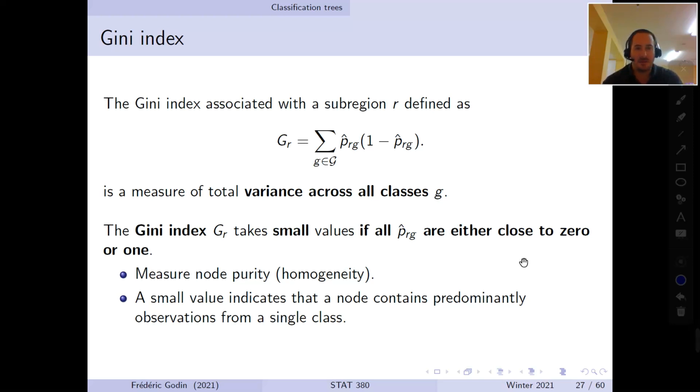If there's, let's say, a 40%, 60% or 50-50 split between blue and orange, the region is not very homogeneous because there's a mix of classes, so the Gini index would be higher. Small values for the Gini index indicate that this node contains predominantly observations from a single class.